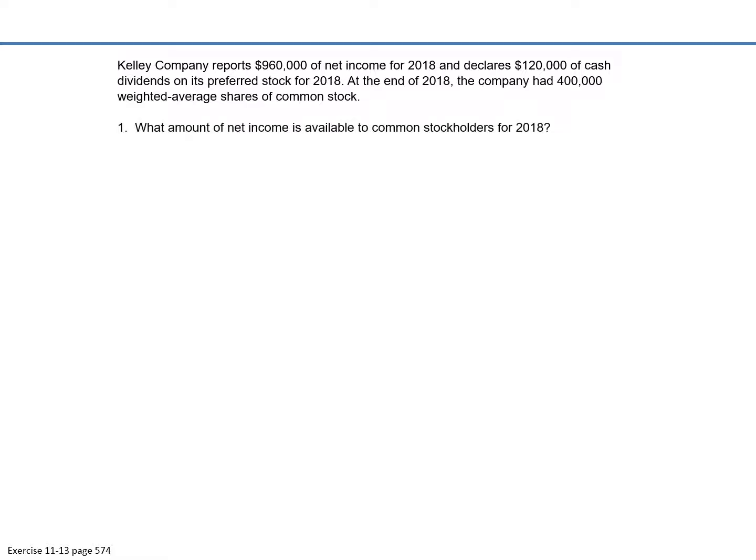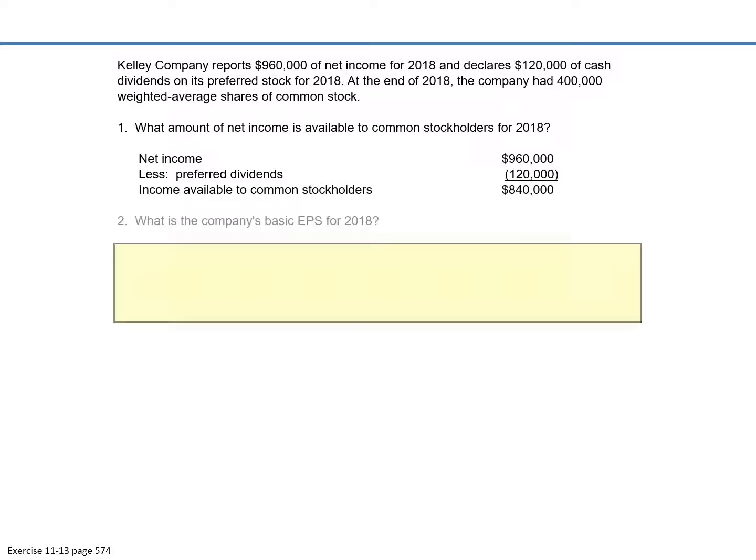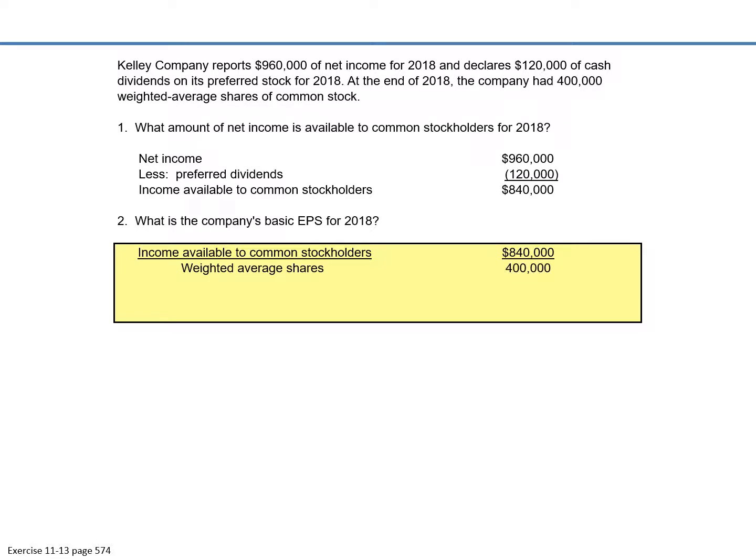Very similar to the last one, net income available to common stockholders is $960,000 less the dividends to preferred shareholders, which equals $840,000. What's the company's basic EPS for 18? Income available to stockholders, 840,000 that we just calculated, divided by 400,000, is $2.10.